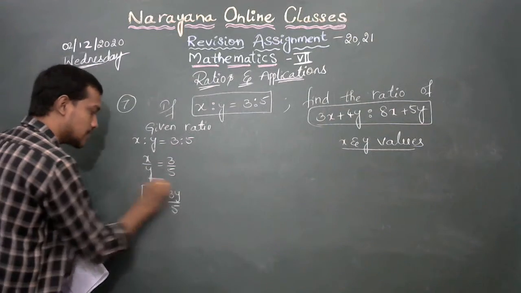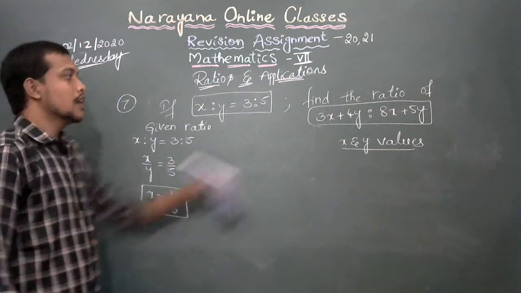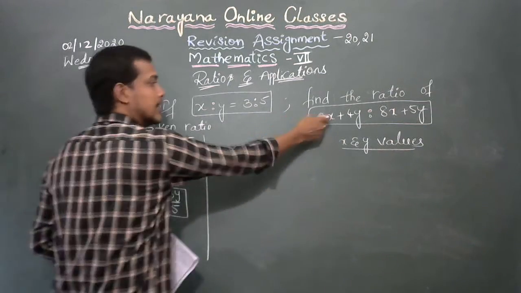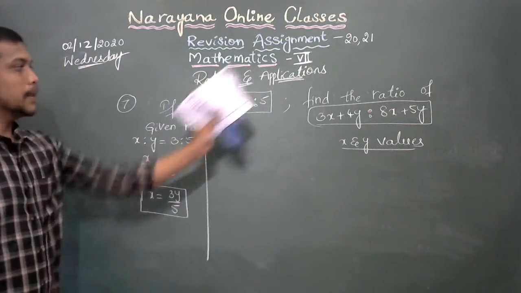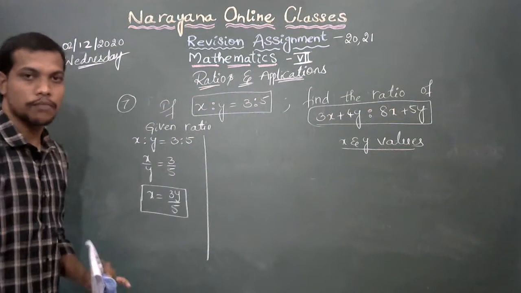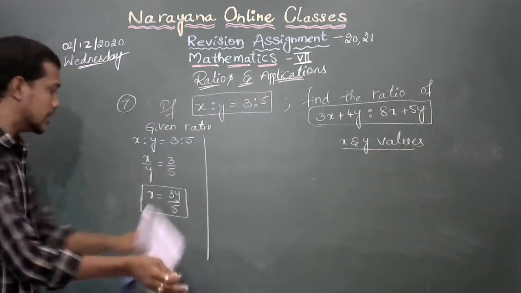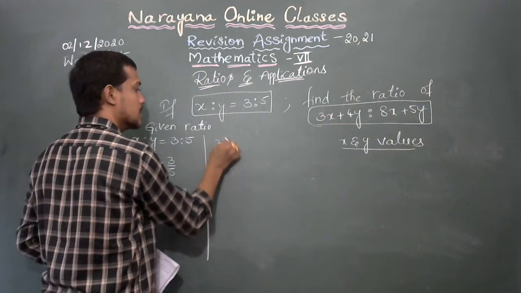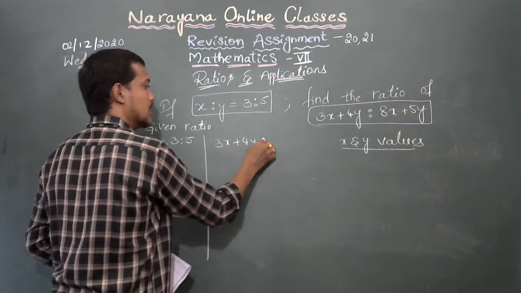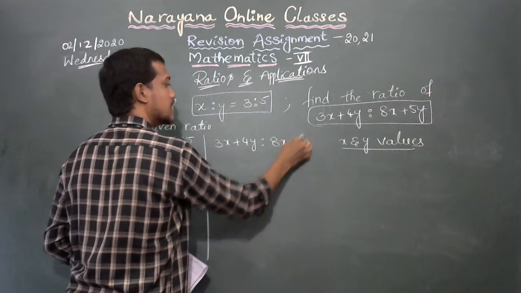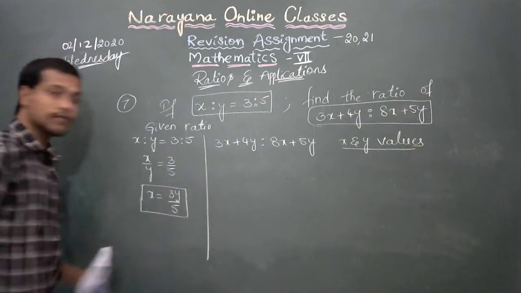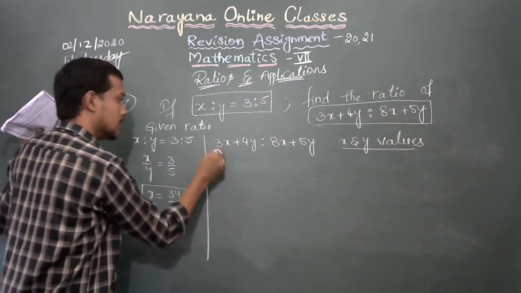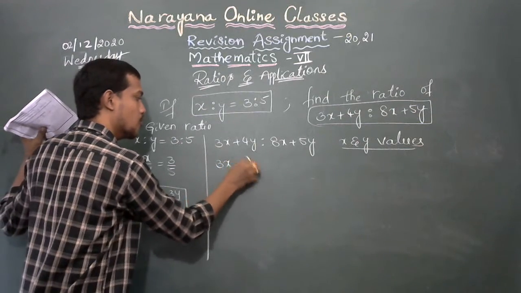Based on this x value, we substitute this value into the ratio, and we can find the complete ratio in terms of y. Then once we get the y value, we can put it back to find x. So 3x plus 4y is to 8x plus 5y.